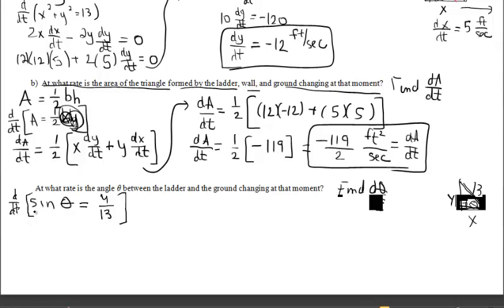Okay, let's differentiate both sides, so that becomes cosine theta d theta dt equals, I do pay attention to the fact that this is a 1/13 multiplier. So I've got 1/13 as a constant multiplier times the rate of change of y with respect to time. So that's going to be times dy dt.